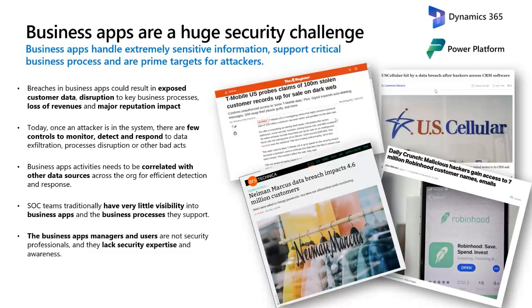But I don't want to talk only about hypotheticals. We actually have a few news articles listed in this slide of real attacks on business apps. Like, for example, the attack on one of the budget cellular carriers in the US. That attack happened in January 21. And the attack kicked off with a phishing email, like a lot of attacks. Via the mail, the attackers tricked some retail stores' employees into downloading a seemingly harmless software update.